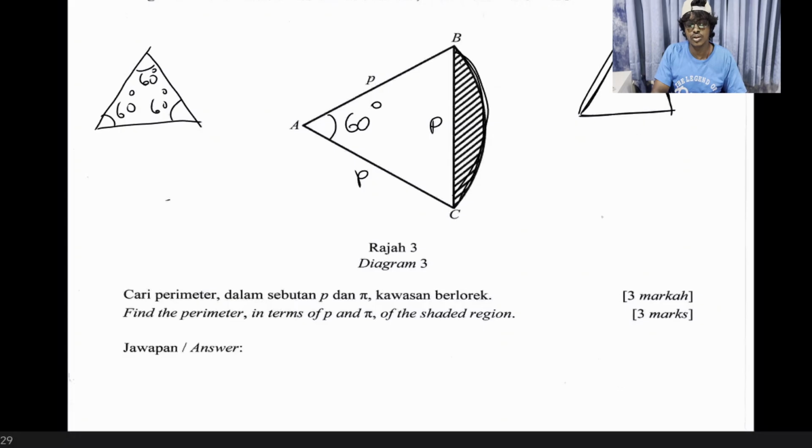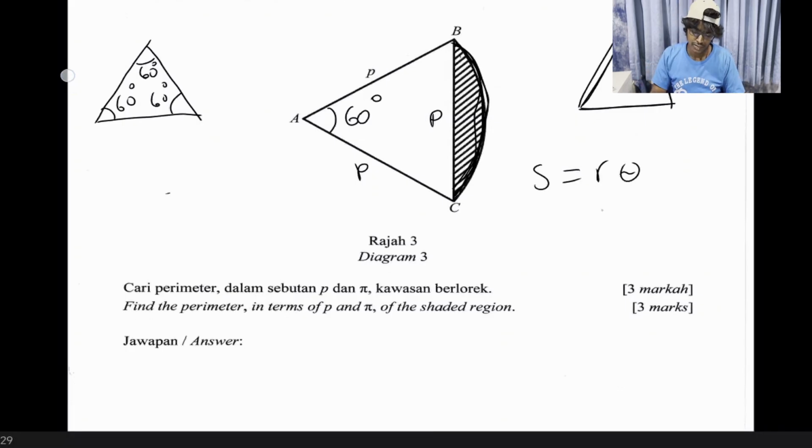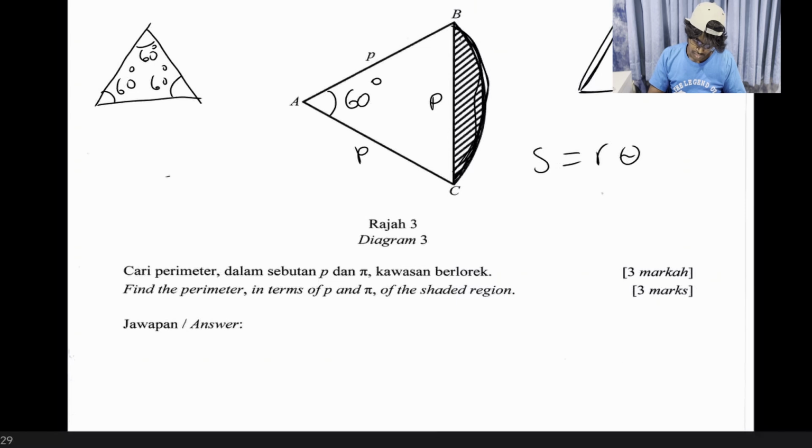So how do we do that? We know that the arc, or the curve, has a formula where r is the radius, theta is your radian, and s is going to be the arc length. So we need to turn this angle into radians.